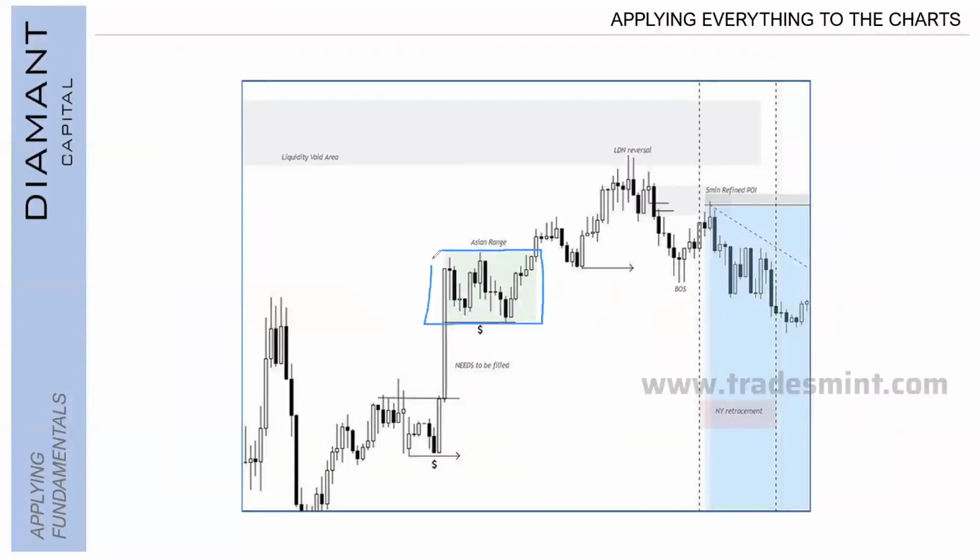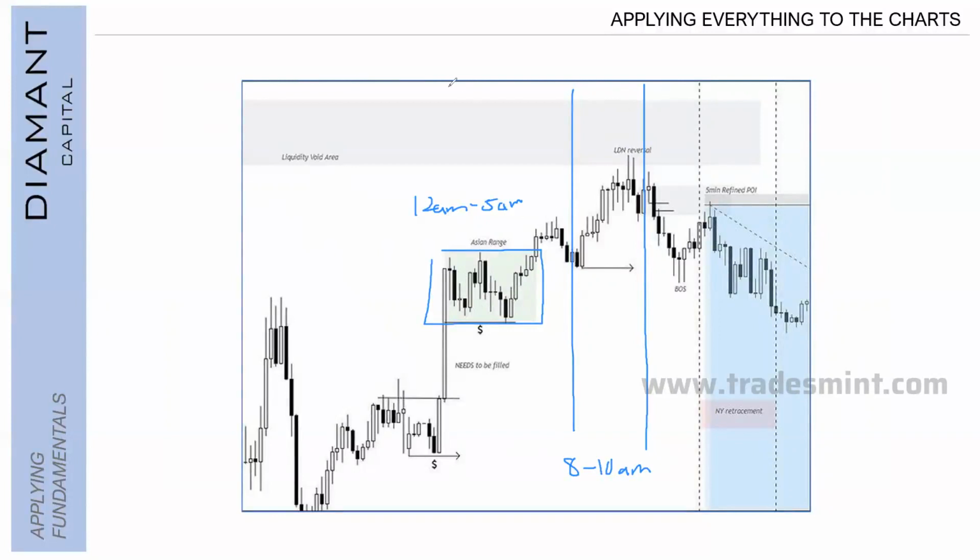That was between 12 a.m. to 5 a.m. in the morning, UK time. Then between here, if you guys remember, between 8 to 10 a.m. is the important London reversal that we look for. And this is the exact confirmation that we got.